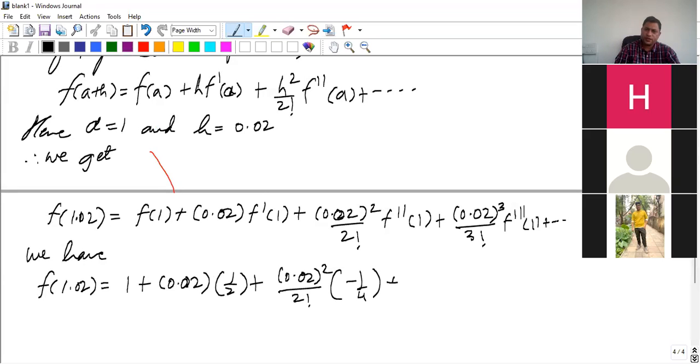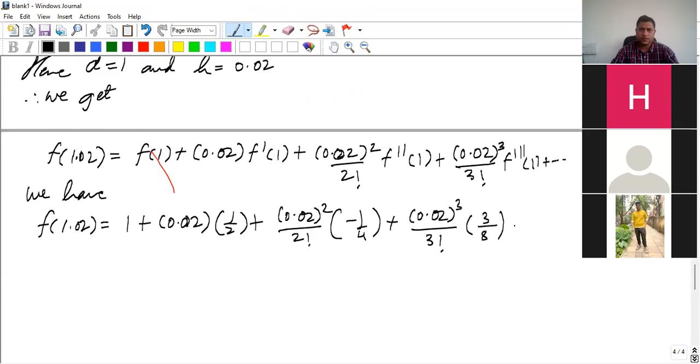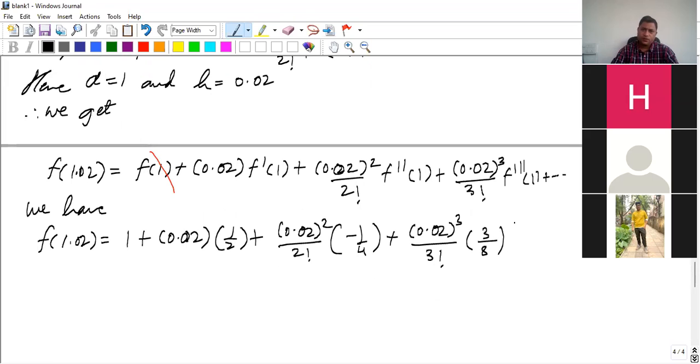And then what is the next term? Plus we will be having 0.02 cubed by 3 factorial, and this is 3 by 8. Okay, so that much we are going to calculate, and hence we can say this is the number which is the root of 1.02, what we are approximating.